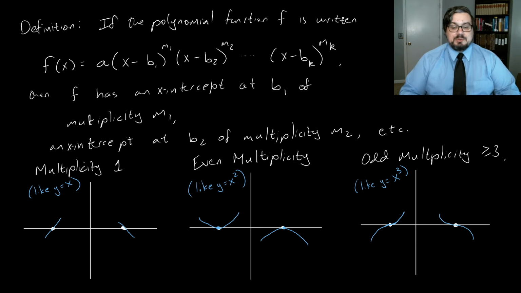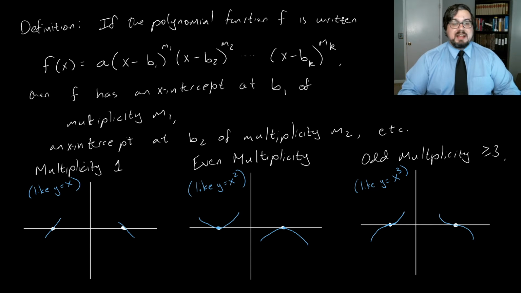And we can use this information, this pattern of what the multiplicities of intercepts of a function look like, in order to graph out functions that we look at. We can combine this information with the end behavior in order to get a reasonably complete picture of the graph, especially when we combine information about the y-intercept with it.